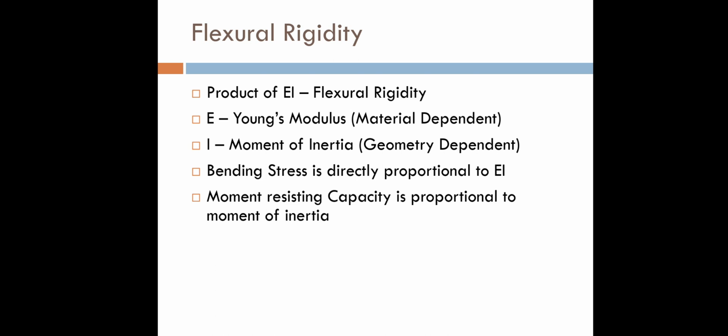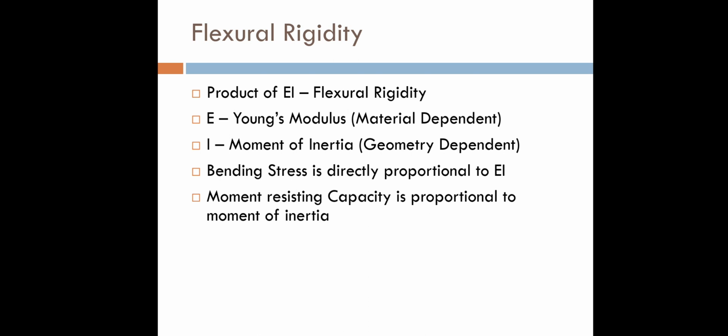Bending stress is also called moment resistant capacity, or the strength of a material. In other words, the strength of a material is gauged by its flexural rigidity. This is a simple statement.